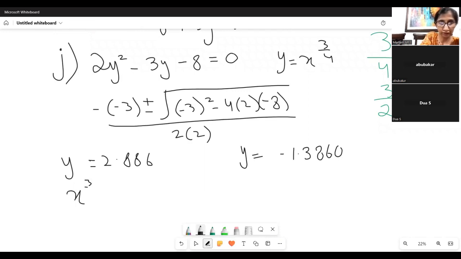Now how do we get x from here? What do we multiply, or what power do we take on both sides? Yeah, what root we take on both sides?